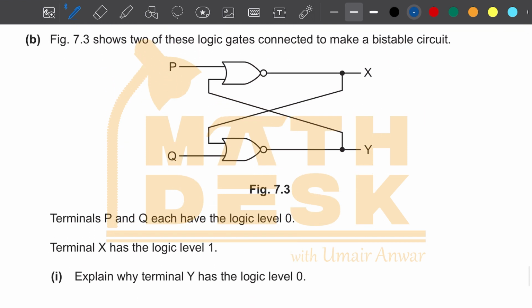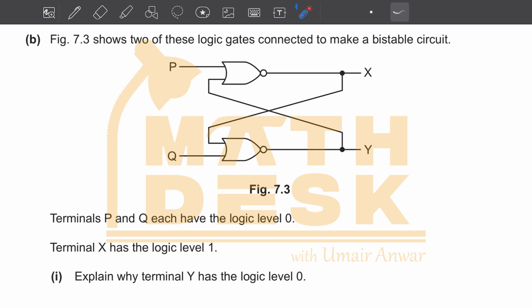Figure 7.3 shows two of these logic gates connected to make a bistable circuit. So we have a NOR gate over here where a P input is being applied. Similarly, a Q input is being applied to the second NOR gate.